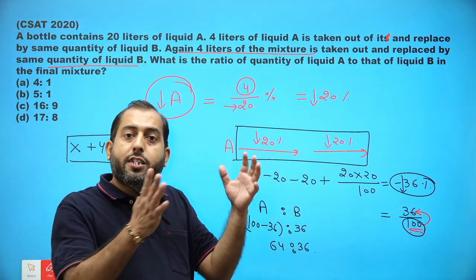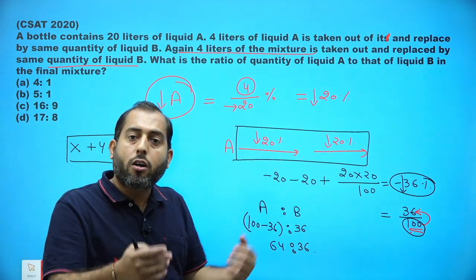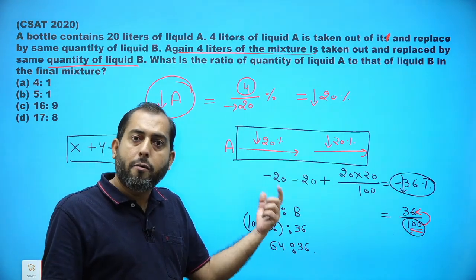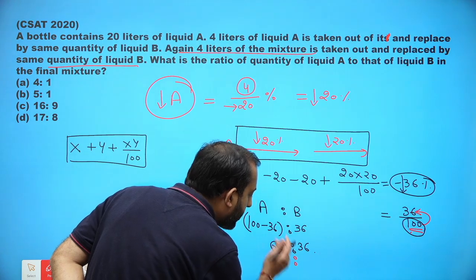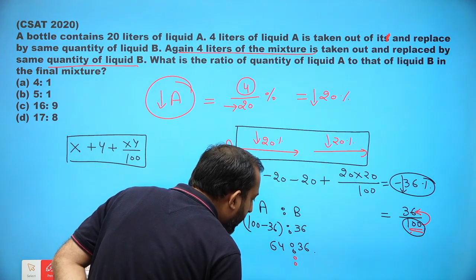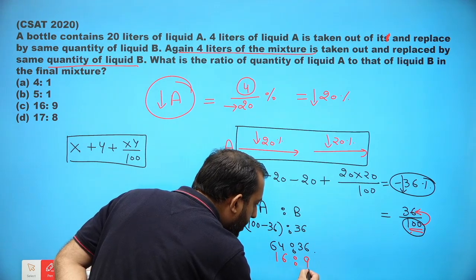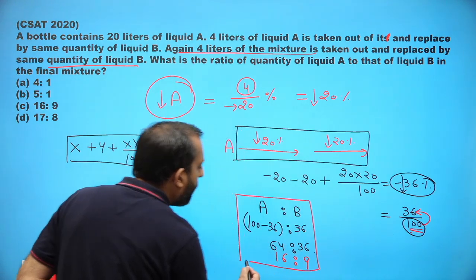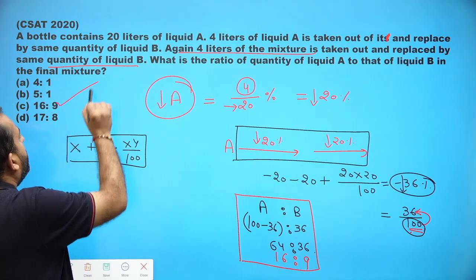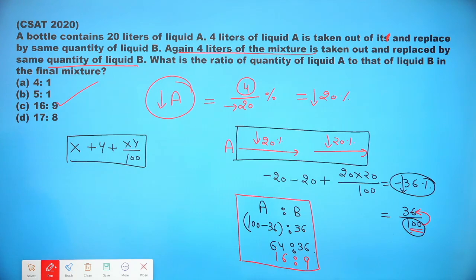Out of 100, 64 is liquid A now, so the remaining part of 100 should be the new liquid B. So 64 is to 36. 16 fours are 64 and 9 fours are 36. So the ratio of liquid A to liquid B finally should be 16 is to 9. Option C is the right choice here. Kindly make a note of it.